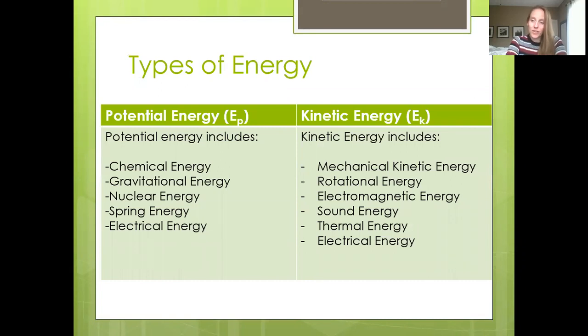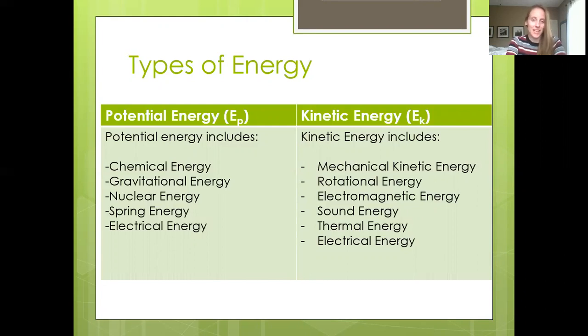So these are all of the different types of potential and kinetic energy that we're going to be going over. We have chemical energy, gravitational energy, nuclear energy, spring energy, and electrical energy as examples of potential energy. And then for kinetic energy, we have mechanical kinetic energy, rotational energy, electromagnetic energy, sound energy, thermal energy, and electrical energy.